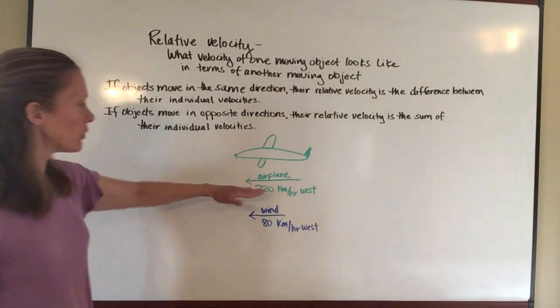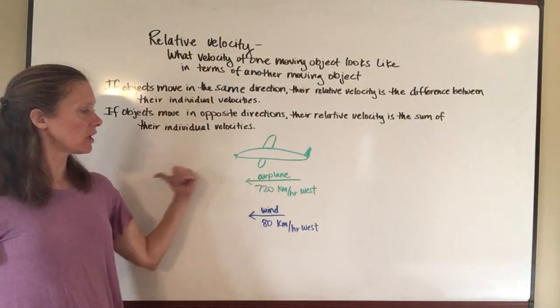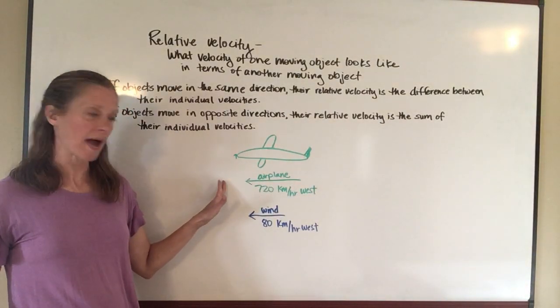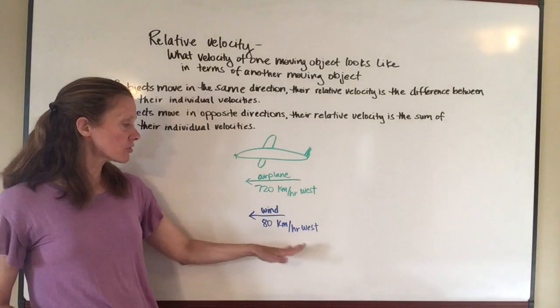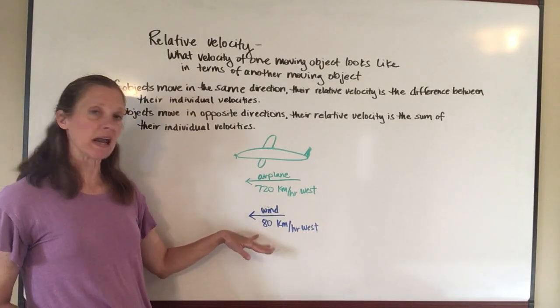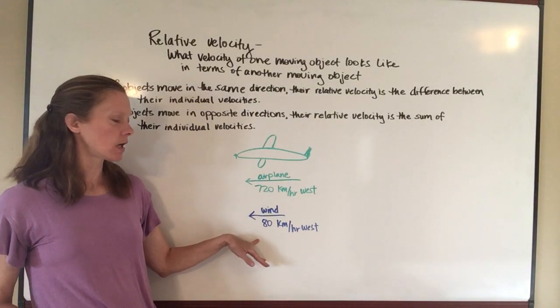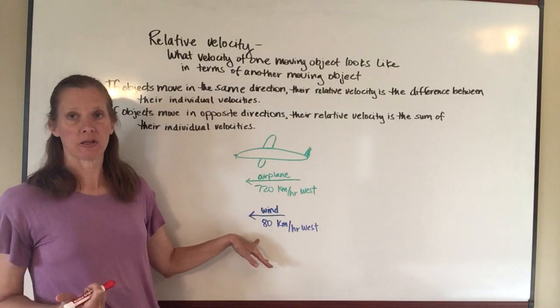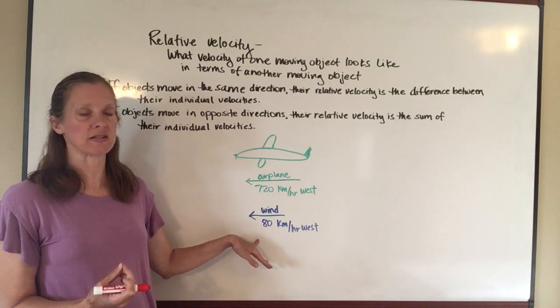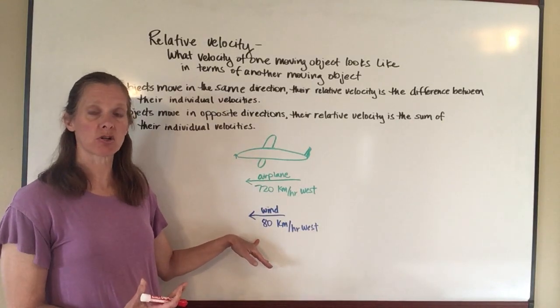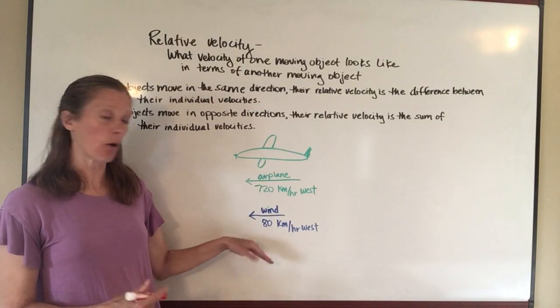Okay, so if your airplane is going at 720 kilometers per hour to the west, and the wind is also blowing at 80 kilometers per hour to the west, is that a good thing or is that a bad thing? Well, again, you probably realize that if the wind is blowing the same direction as you do, then that's going to help you out.